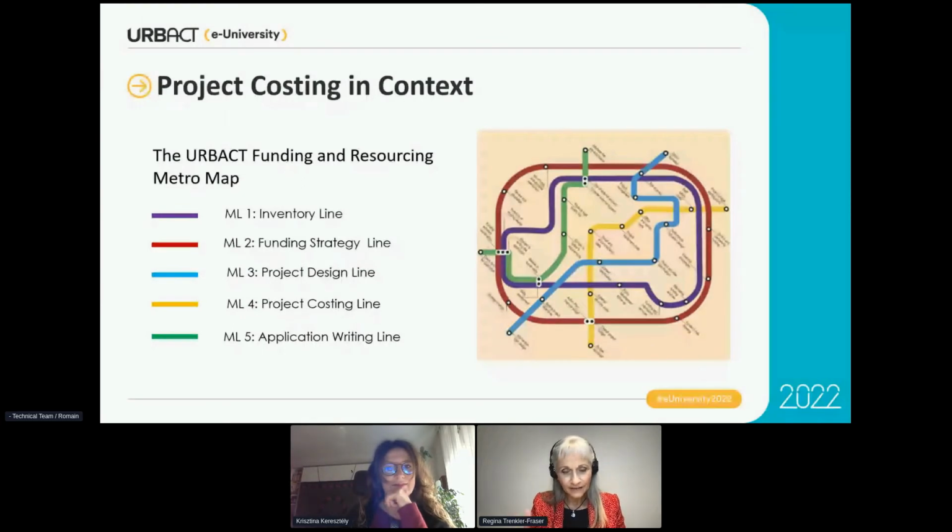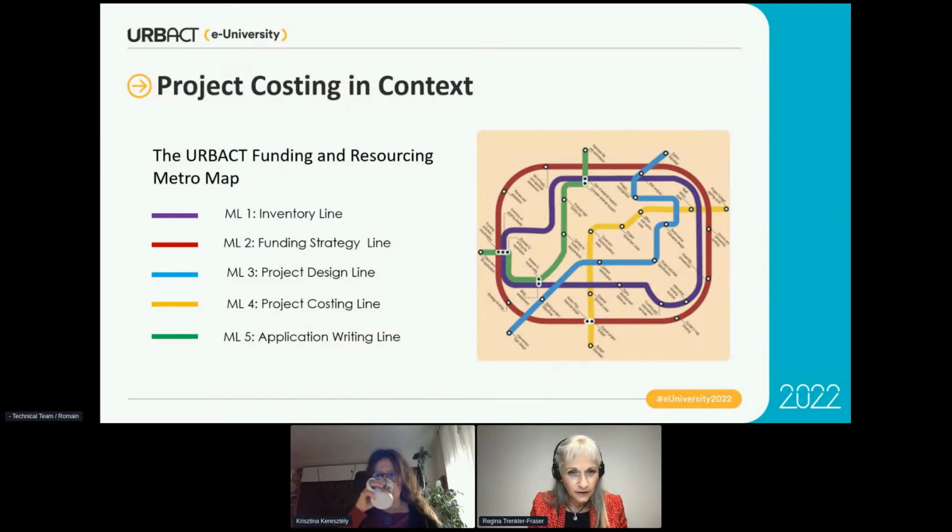And yes, you can see it here, if you haven't got the little card. In this metro line system, you see that there are 5 metro lines, all depicting one key theme of the funding and resourcing process. And within each of the lines, there are the stops, metro line stops, which are the connecting points, so to speak, with the relevant guides and tools and templates for these particular tasks of that theme.